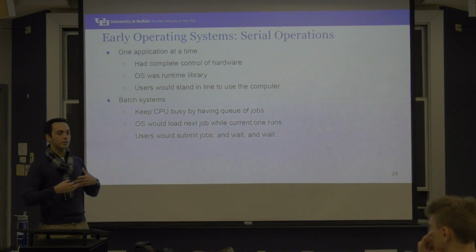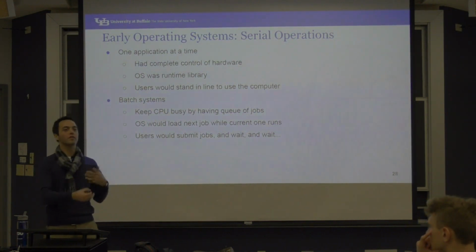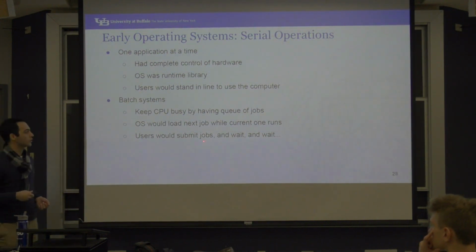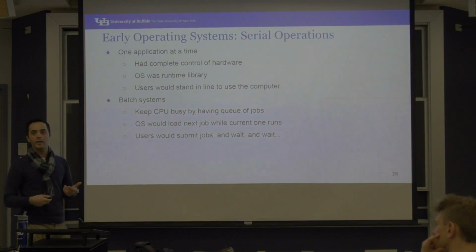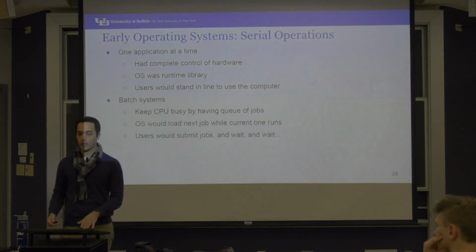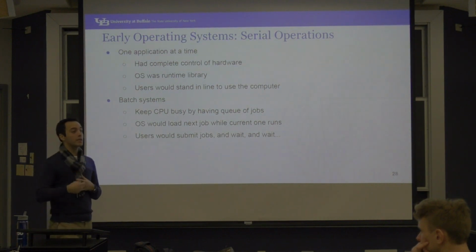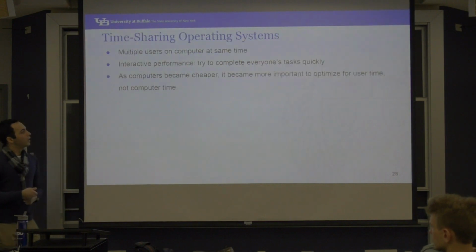The OS would handle one job after another instead of humans, right? And so they would just submit their jobs and wait and wait and wait. Again, serial, right? That's bad because maybe my program is running too slow. Maybe my program is not utilizing the CPU enough, it's just doing a lot of I/O.